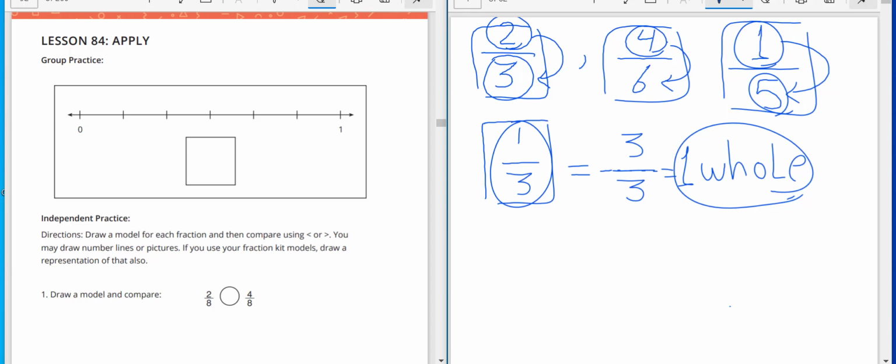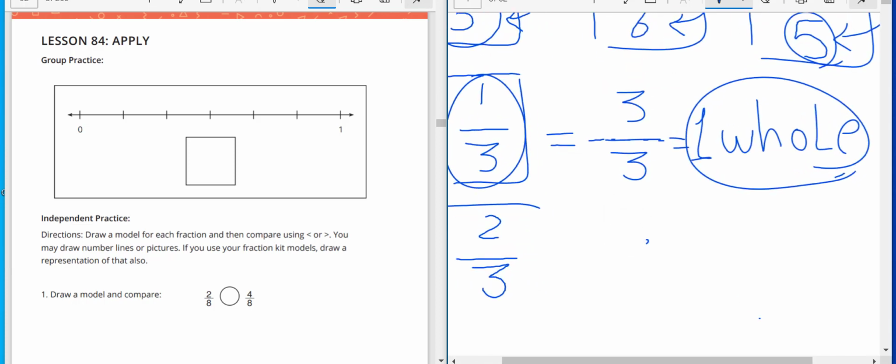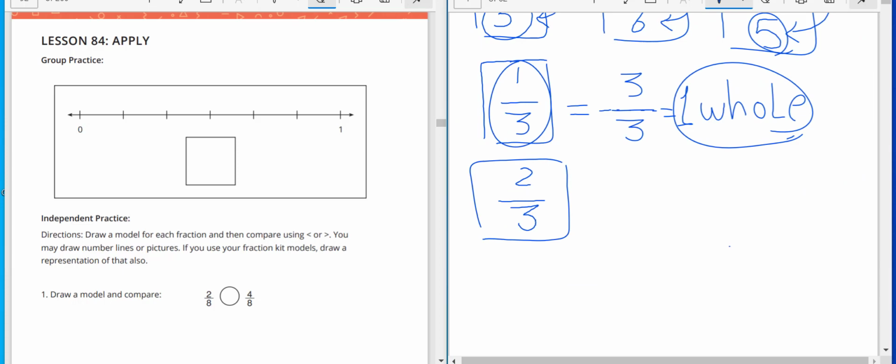If we have 2/3, we can write it as 2/3 because we have 2 parts, so the numerator is 2, and we need 3 parts to form 1 whole, so the denominator is 3.